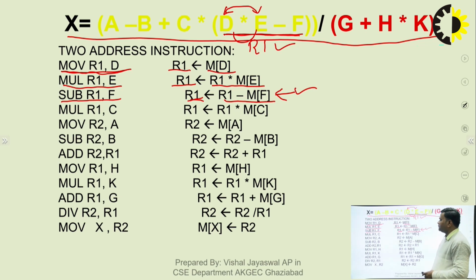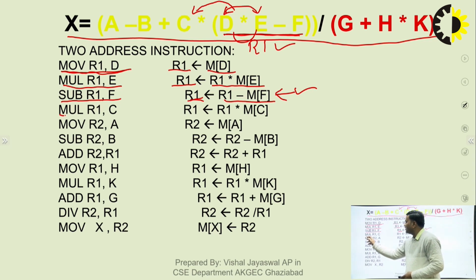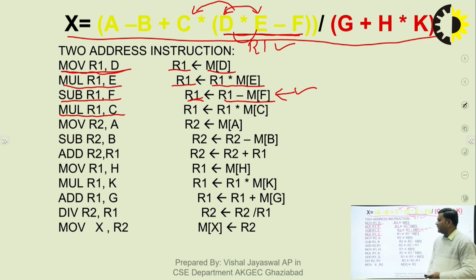After that we have to multiply this content with C. For this we are using the multiply instruction: multiply R1 comma C. The explanation is R1 tends to R1 into M of C, means the content of C is multiplied with the R1 register and the result is stored in R1.